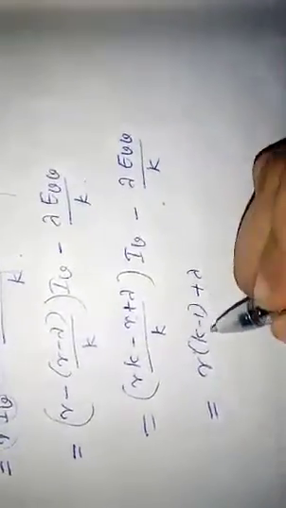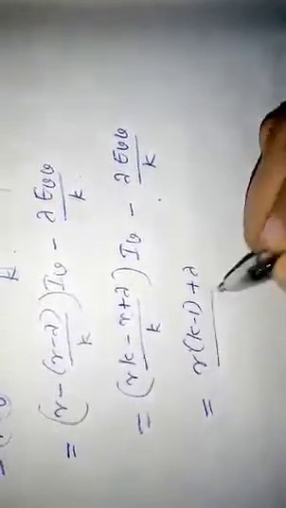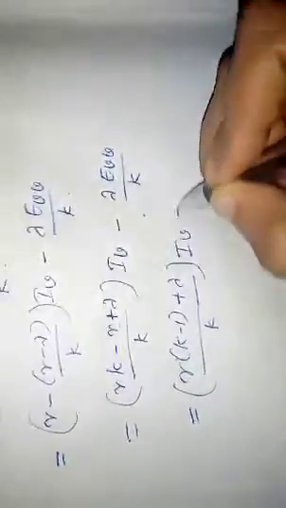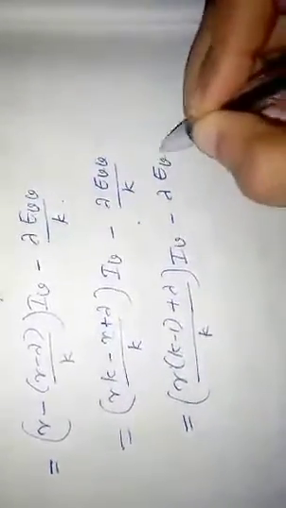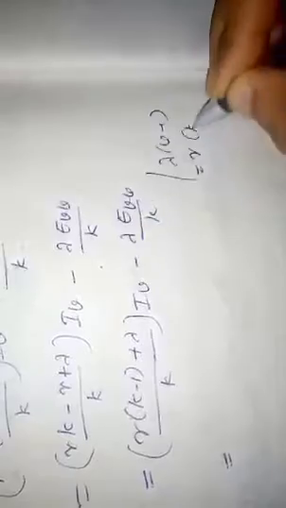Plus lambda divided by K into IV minus lambda EVV divided by K, which is equal to, we know that from relation 2, that is lambda (V minus 1) is equal to r (K minus 1), right?